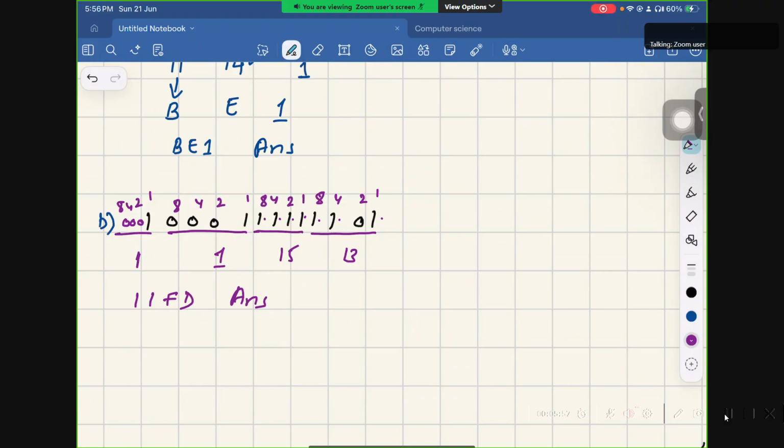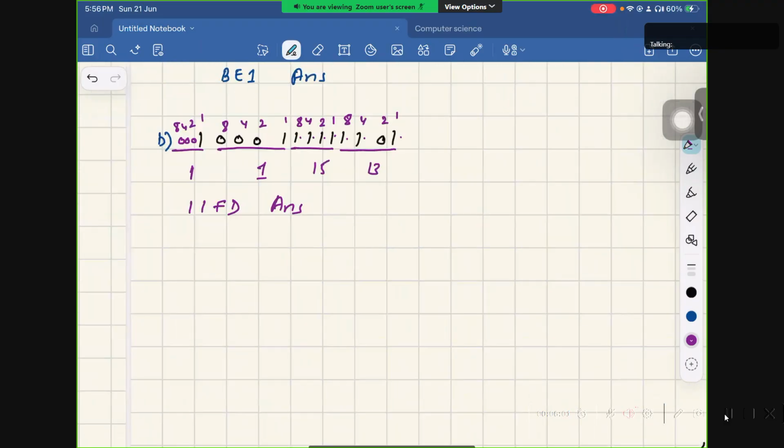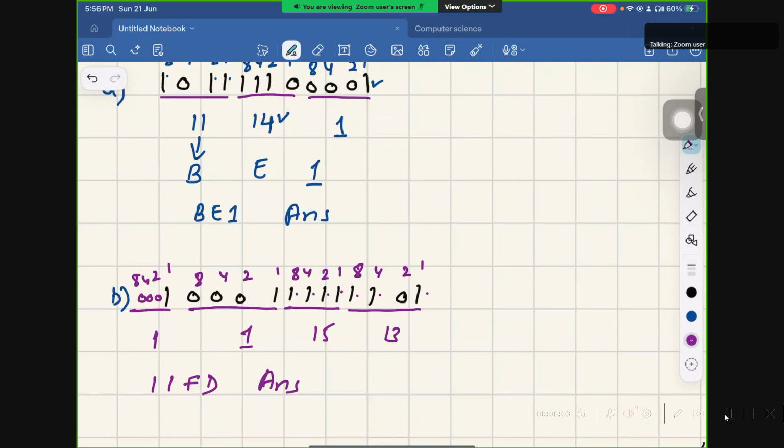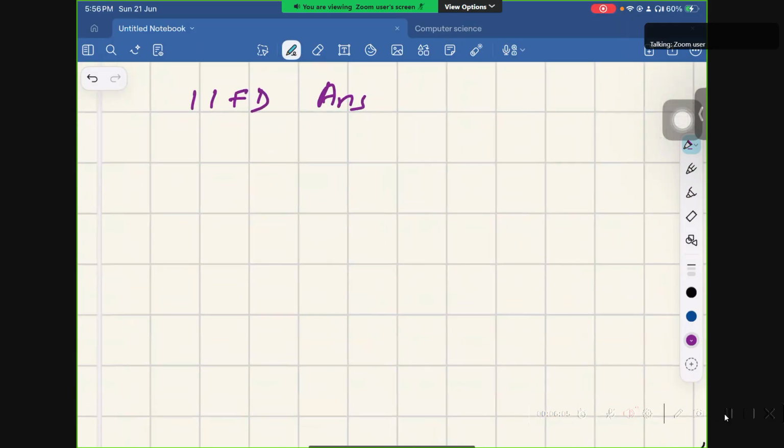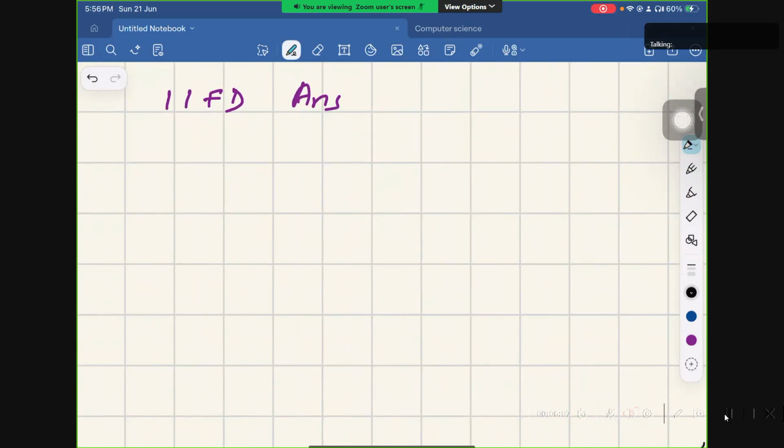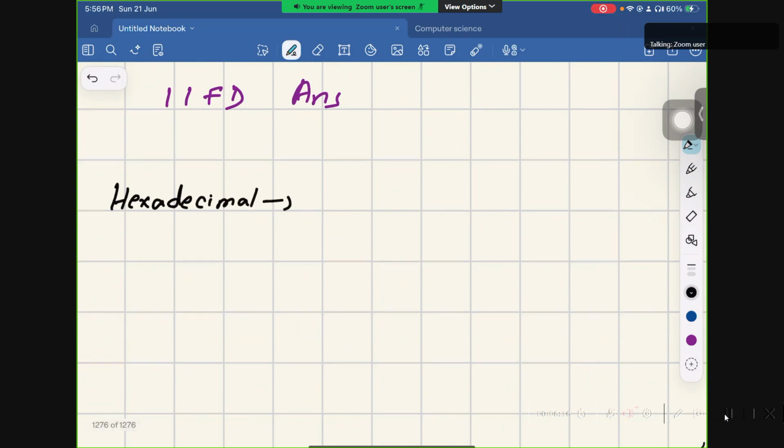Now we are going to convert from hexa to binary. This is very easy and very simple. You will see one example.